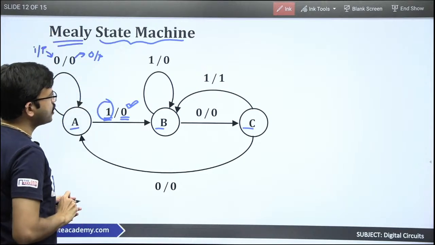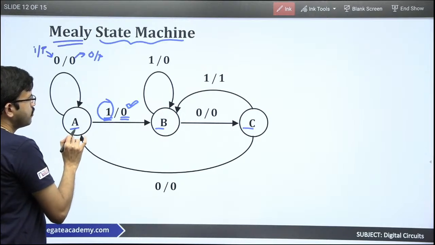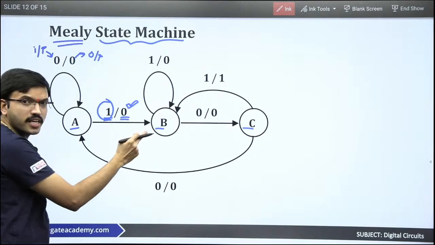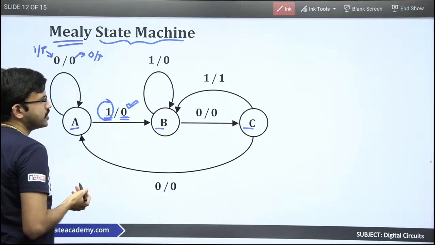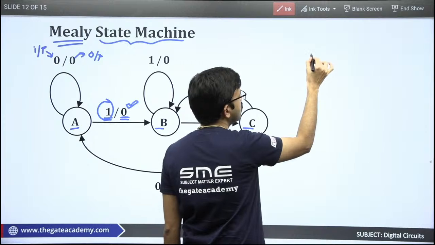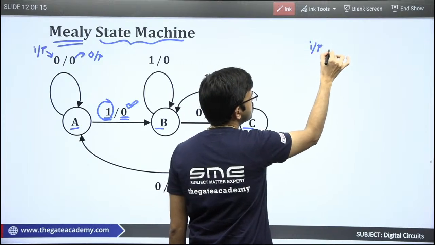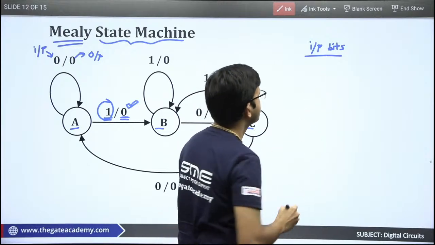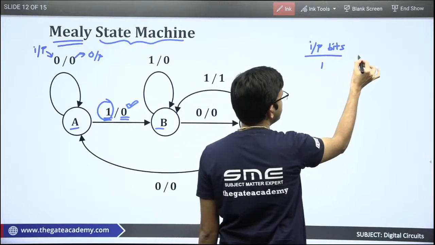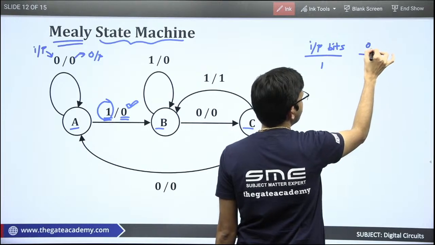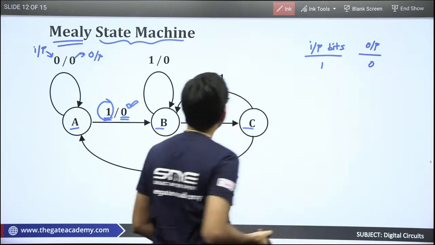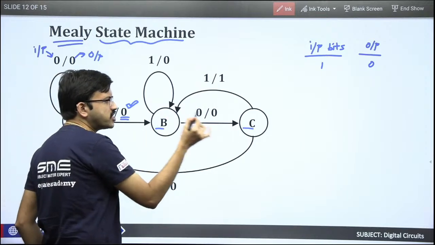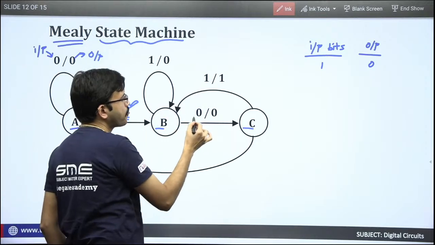So here if you observe, from state A to state B, the transition happens if you are getting bit value as 1. Here I am writing input bits received or input bits detected. So here we got input bit as 1 and here I am writing output, we got 0. Now from state B to state C, when will the transition happen?